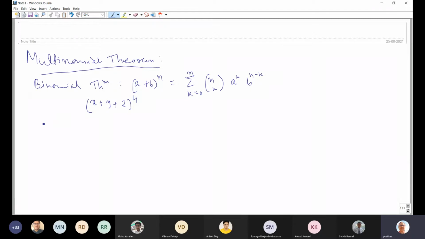So in the multinomial theorem, instead of two or three parameters, x, y, z, we can have any finite number of parameters.